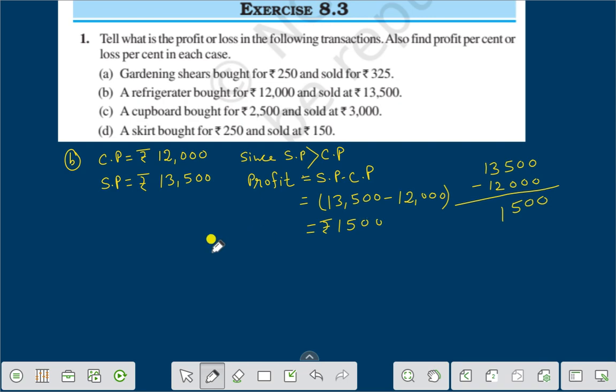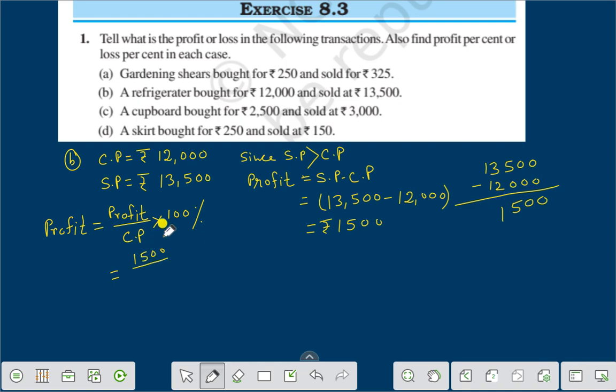Now you have to find the profit percent. The profit percent you can find as profit by CP, by cost price, into 100%. Therefore, what is the profit? Profit here is 1500.